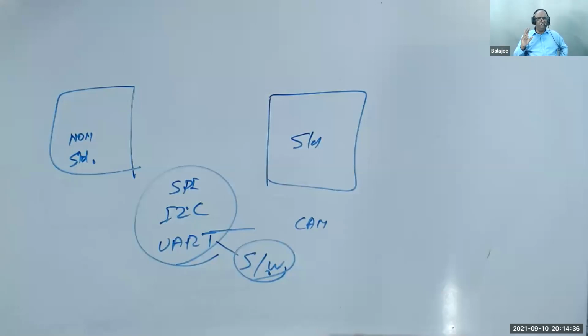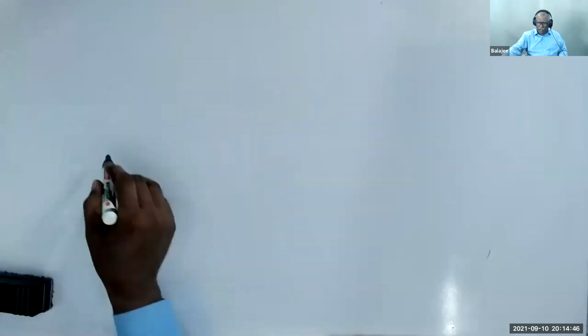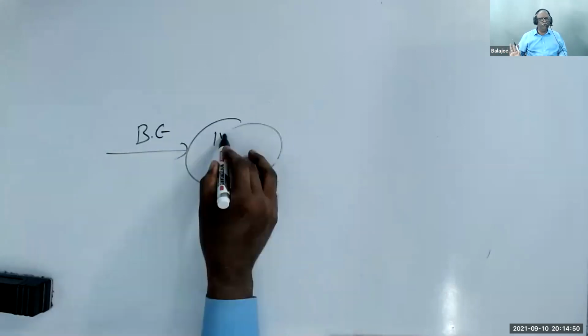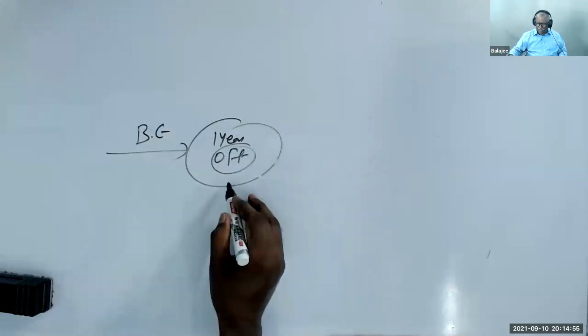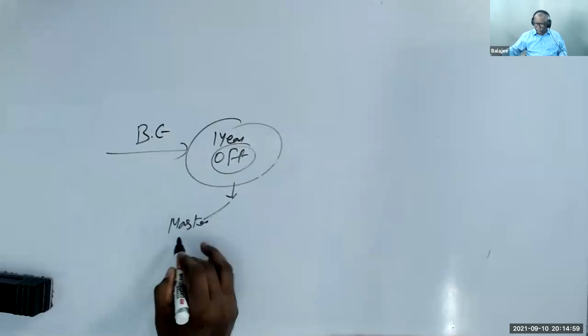See, if you want to go to embedded in any country, anywhere, the only rule of the game is like this. After engineering, normally take 1 year off. Don't go to any job. Master embedded and write GATE.